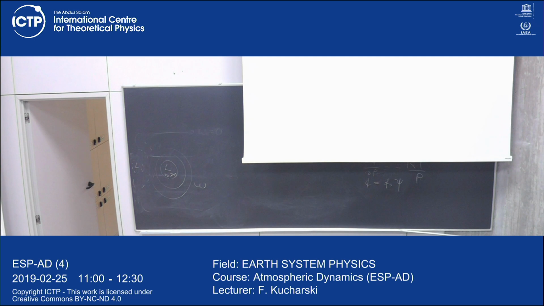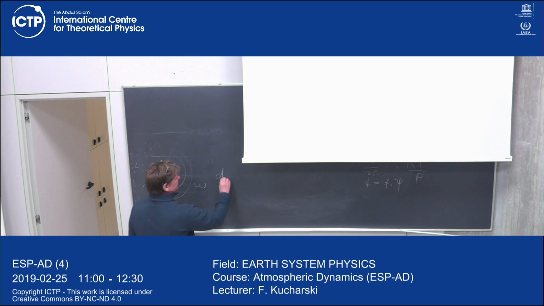Okay, but there's no mean flow. If we had used the mean flow, then there would be again some kind of Doppler shift that we have to take into account. But we have said U bar is equal to 0 for this case. Therefore, the only term that remains after linearization of the total derivative.